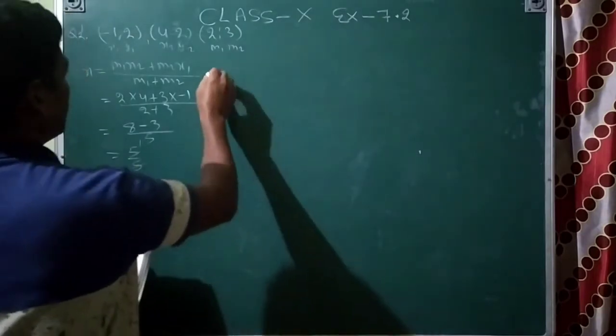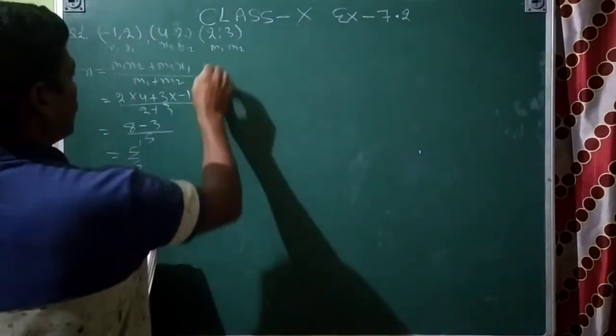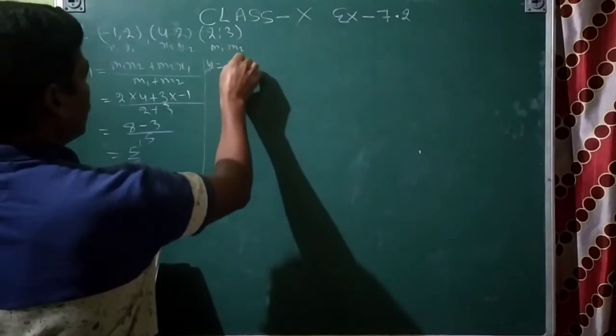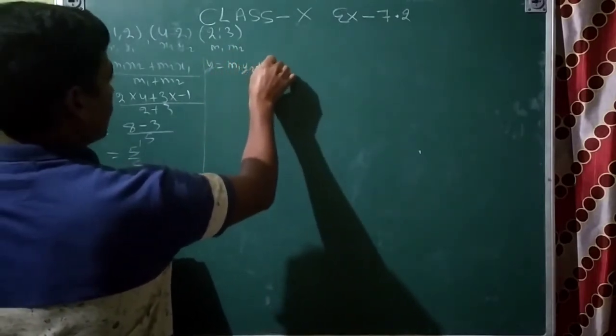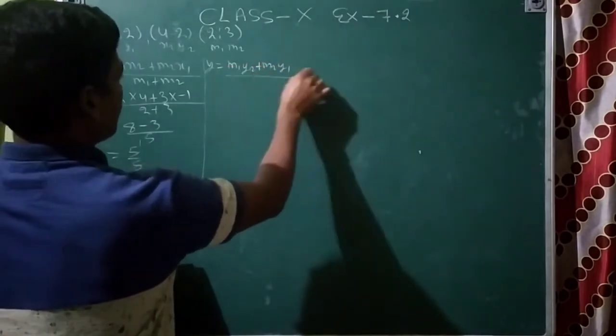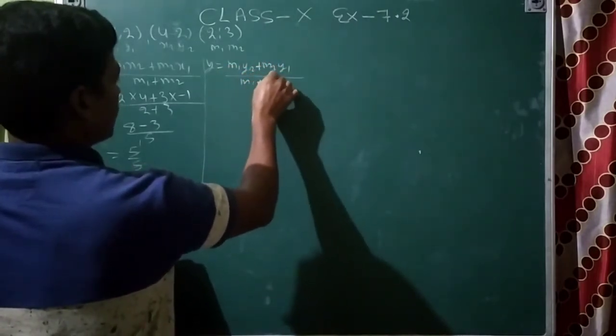Similarly, y is equal to (m1 y2 plus m2 y1) upon (m1 plus m2).